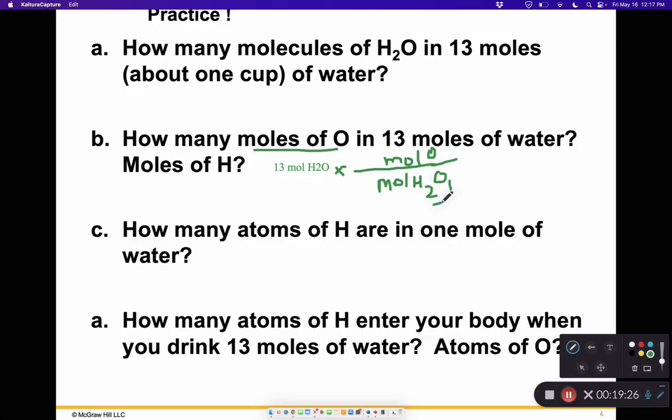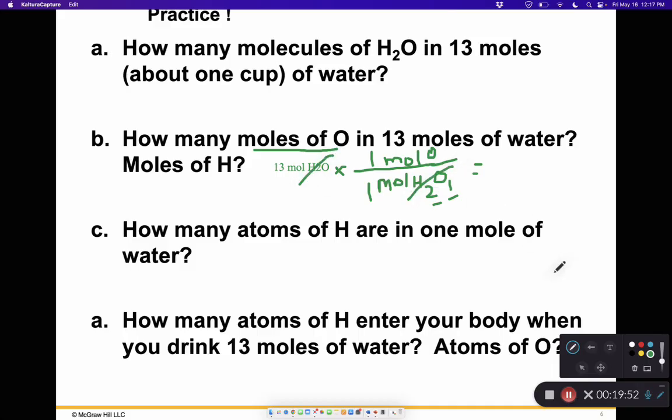This subscript tells you the ratio, right? So 1 mole of water contains 1 mole of oxygen. You see here the subscript 1, so I write 1 here. So now I can multiply 13 times 1, which is simply 13, and moles of water I can cancel.